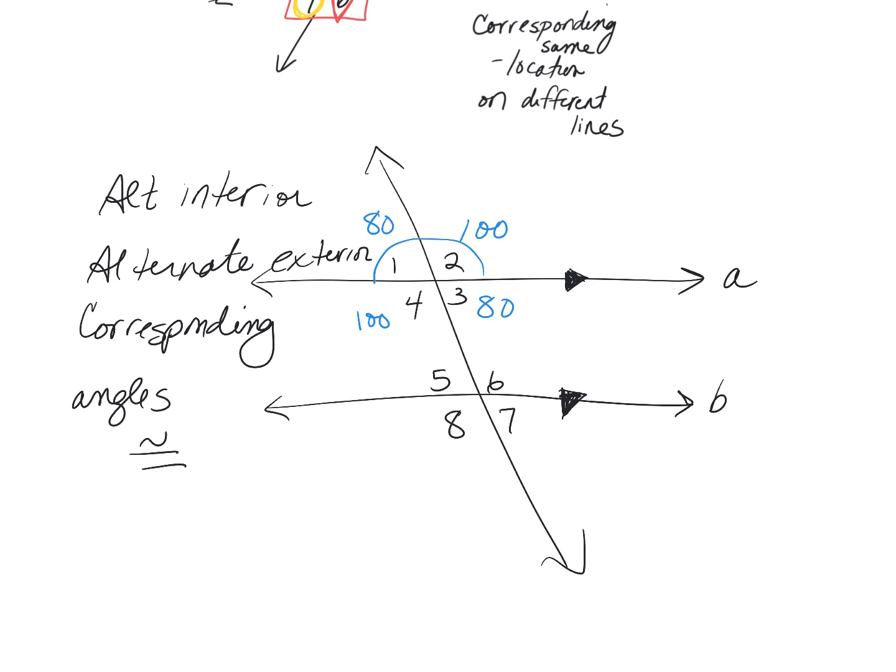Okay, now because A and B are parallel, essentially all I'm doing is copying and pasting these 4 angles down here, because if the lines are parallel, the transversal will cut the line at the exact same angle as line A.